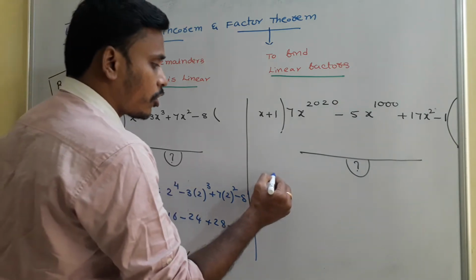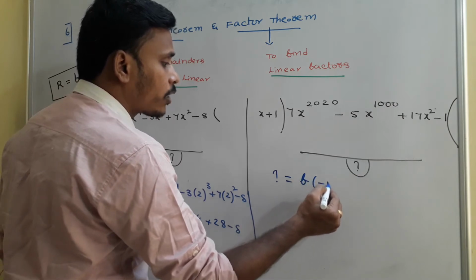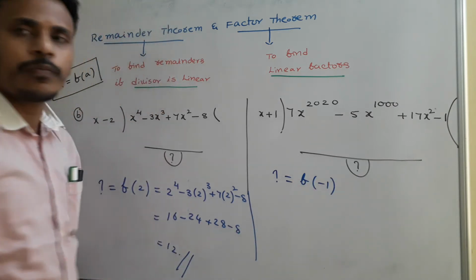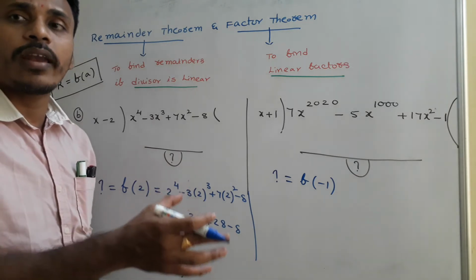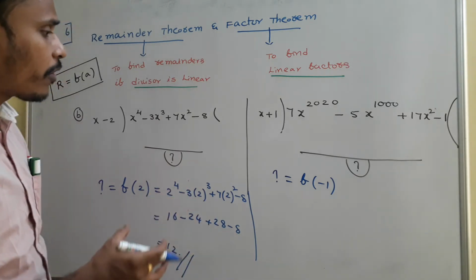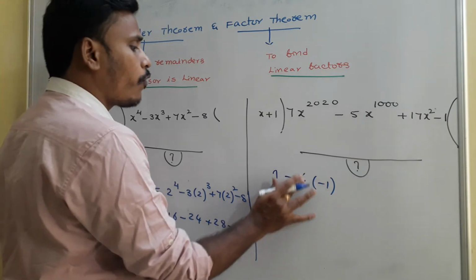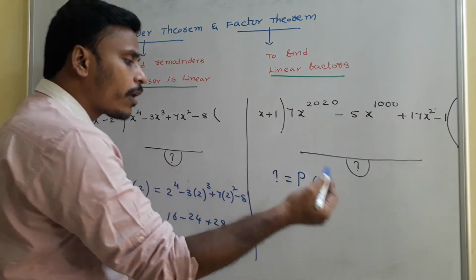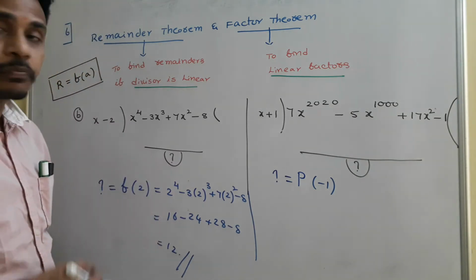As per our discussion, here the remainder is simply nothing but f of minus 1. You may say f of minus 1 or p of minus 1, anything. You just give one name for the polynomial. I am treating f of x as the polynomial, or some people treat it like p of x. So then you just consider it as p of minus 1. So p of minus 1 is what?